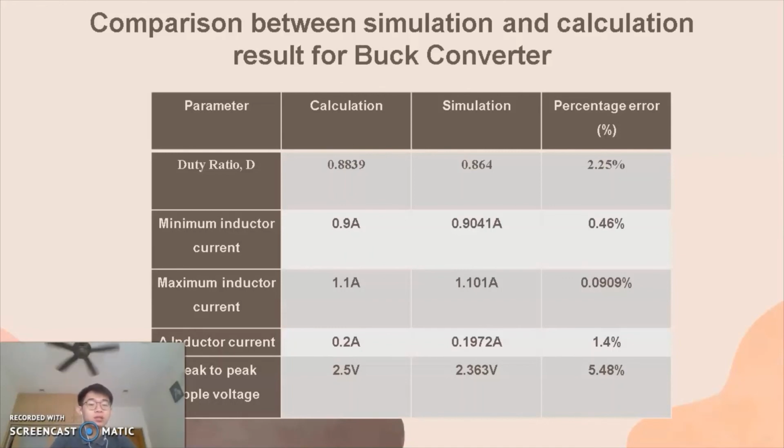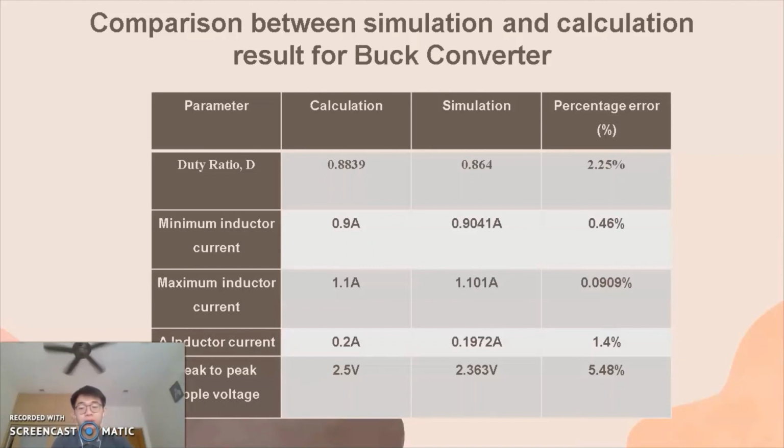That's a 0.0909% percentage error. For the change in inductor current, the calculation gives 0.2 ampere, while simulation gives a value of 0.1972 ampere, which is around 1.4% error.